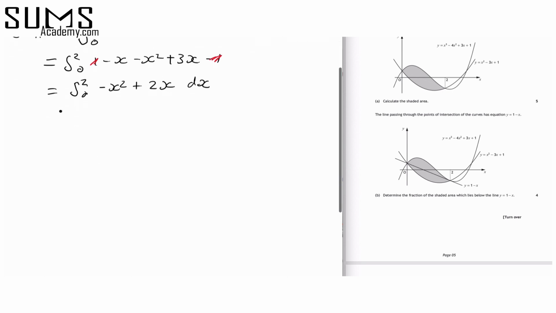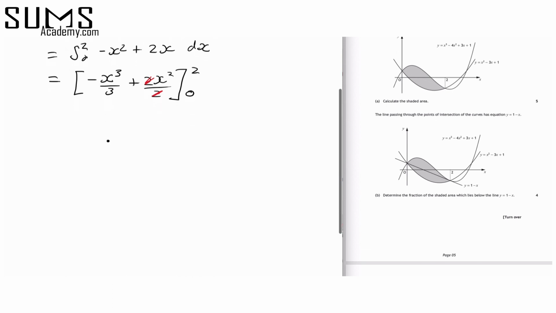Okay, so now we can integrate. So minus x squared is going to become minus x cubed over 3, and 2x is going to become 2x squared over 2, and those 2's are just going to cancel. Okay, and this is still in our limits of 2 and 0.